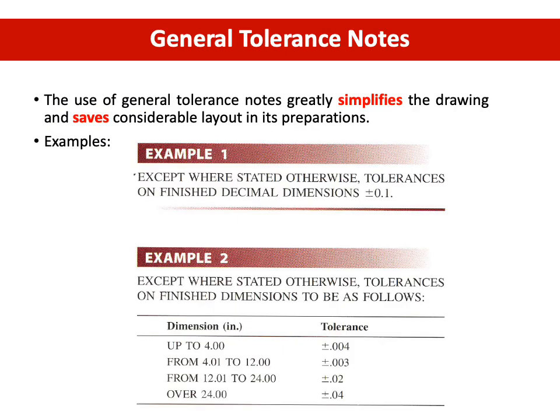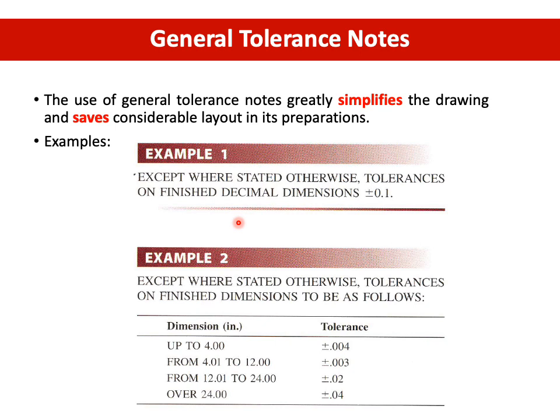On the general tolerance notes, the use of general tolerance notes greatly simplifies the drawing and saves considerable layout time in its preparation. It's just to generalize, because if you have too many dimensions and you need to put all the tolerance limits, it's too crowded.